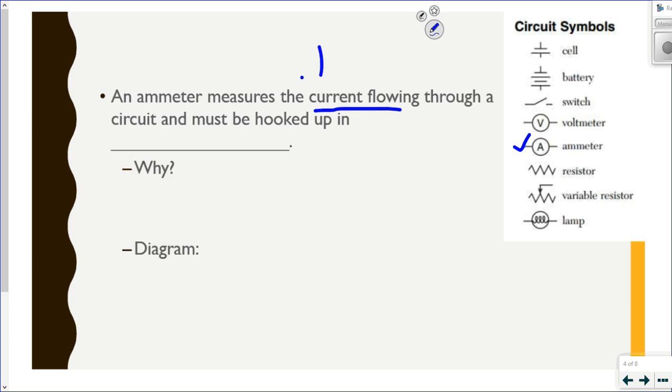That's our current, the change in Q, or charge, over time. So we have to hook up the ammeter in what's called series. That means it has to become a part of our circuit because we want to count each electron that's passing through our ammeter.